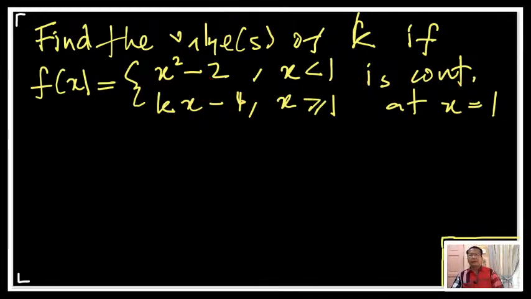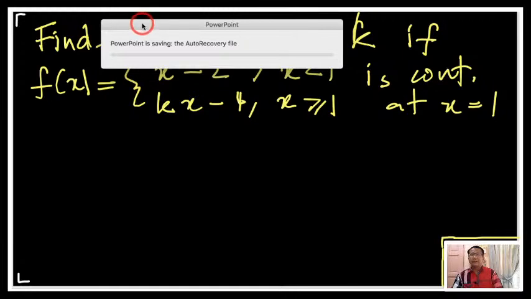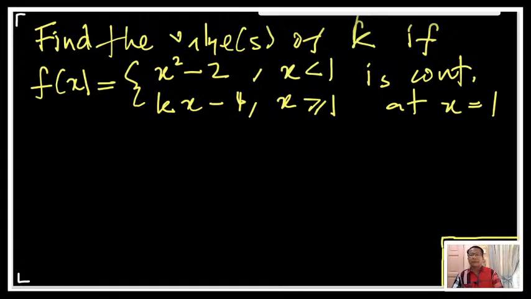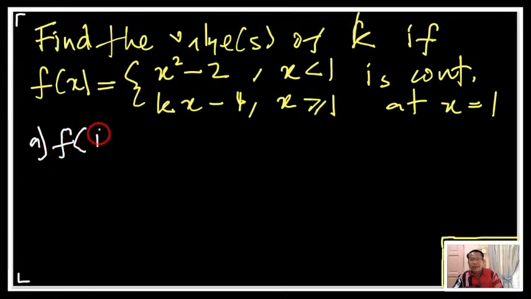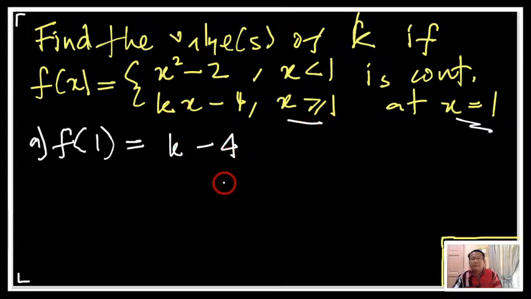So what you need to do, use the same 3 steps. First, f(1). Why 1? Because continuous at x equal to 1. f(1) is this one, so it's k times 1 minus 4. You need to find this k. Okay, step 2, you find the limit.